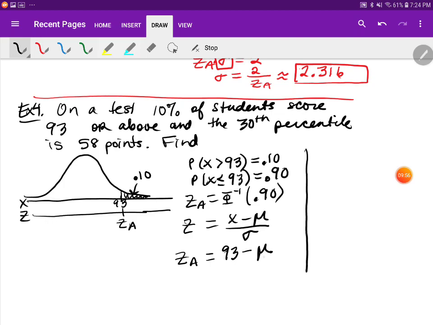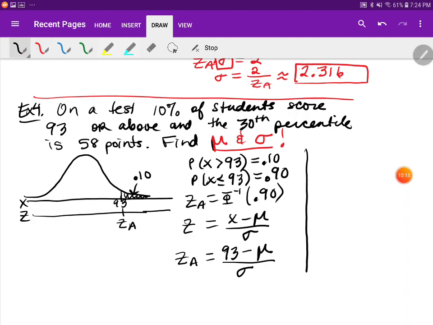Did they give me sigma? They didn't. So the question is find mu and sigma. So both of these letters, definitely the calculator cannot find this directly. So it's very interesting.